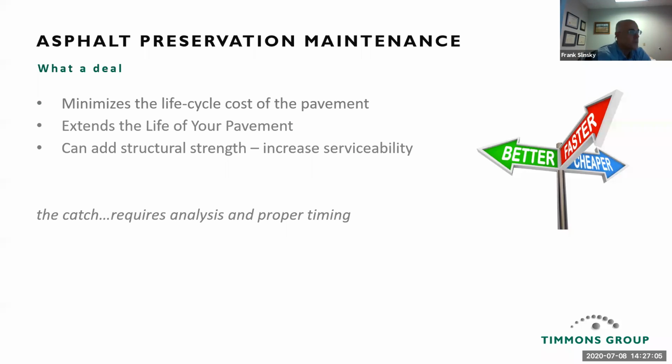So asphalt preservation maintenance, what a deal. Minimizes the life cycle cost of a pavement, extends the life of your pavement, and it can add structural strength and increase serviceability depending on the application. The catch is it requires analysis and proper timing.